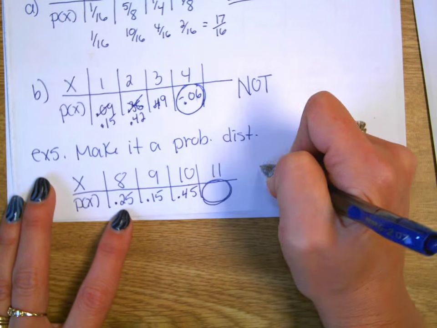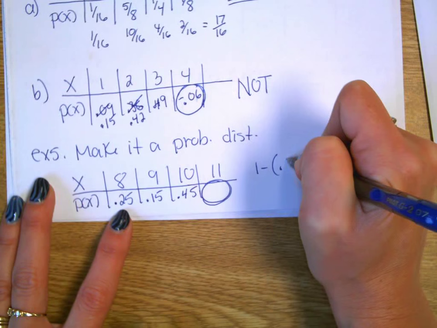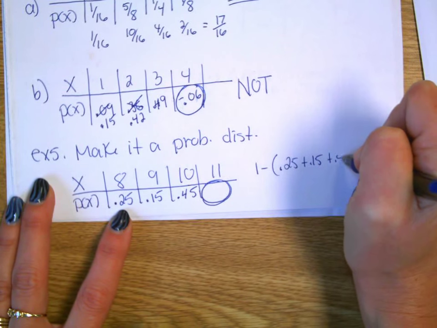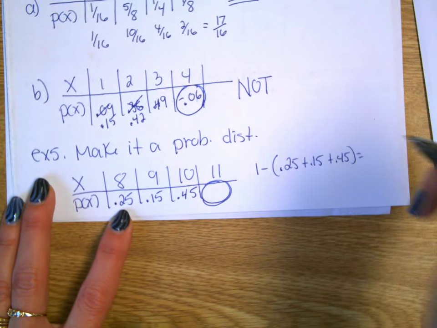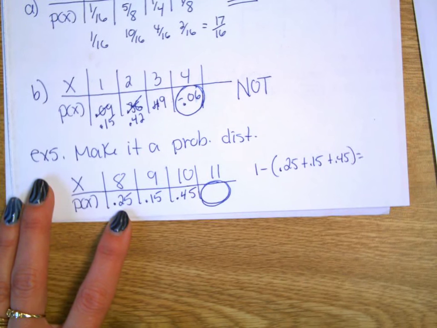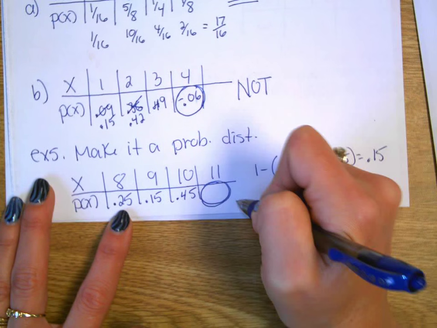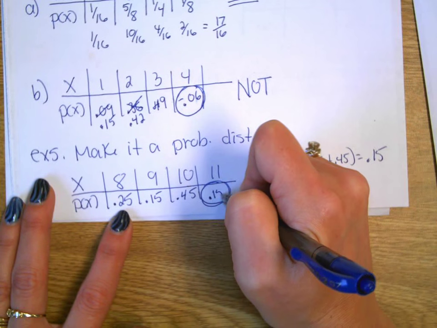So it's going to be 1 minus 0.25 plus 0.15 plus 0.45. Did you get it? 20, 30, 70, 85, 15? Yep. So this needs to be a 0.15.